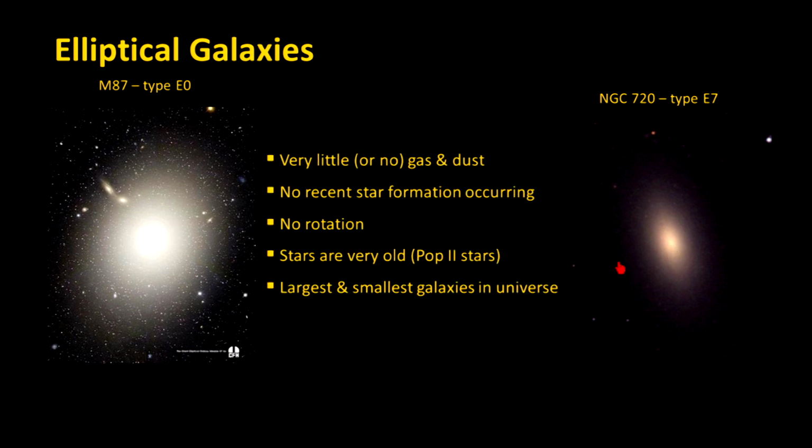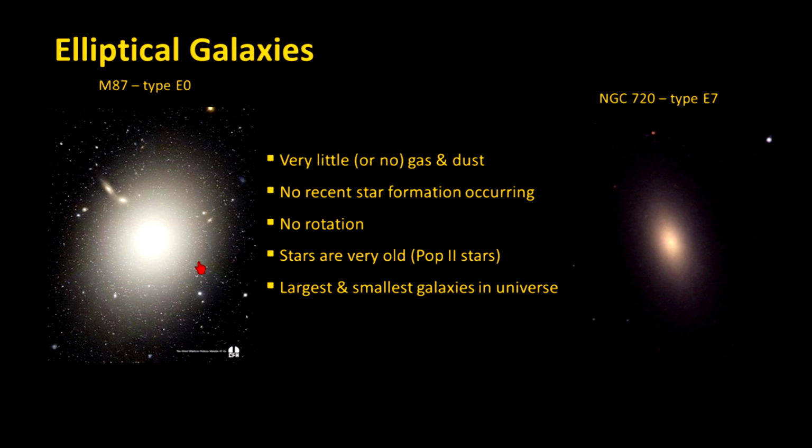And here are some details. The one thing that makes elliptical galaxies interesting is there's very little, or in some cases, no gas and dust. And if there is no gas and dust in this galaxy, that means there is no star formation. So elliptical galaxies tend to be the home of very, very old stars. Logically, if there's no material to make new stars, there are no new stars.